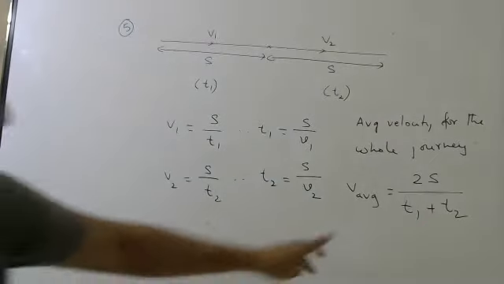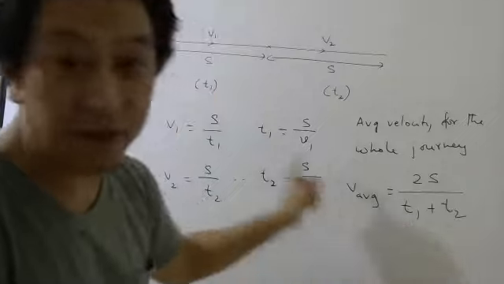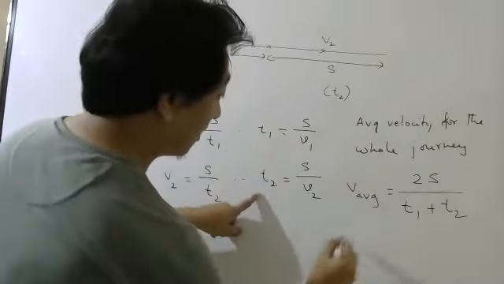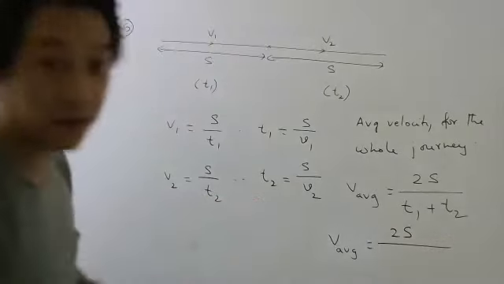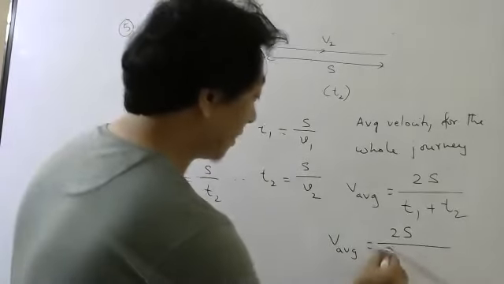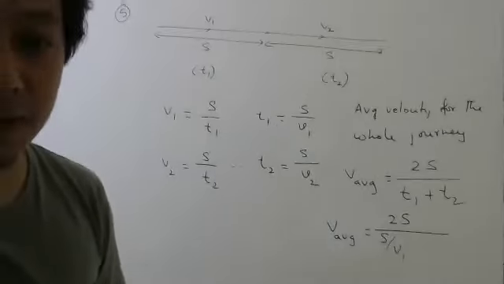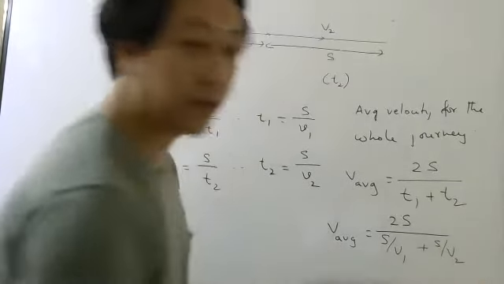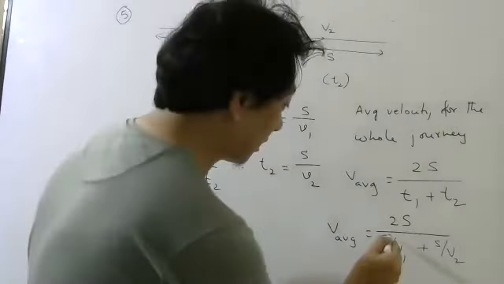Correct? And since time takens are not same, it is better to substitute for time taken. So let us substitute for time taken. Put this and this here. So what will you get? 2s divided by t1 will be s by v1. And t2 will be s by v2. Take s common and cancel.